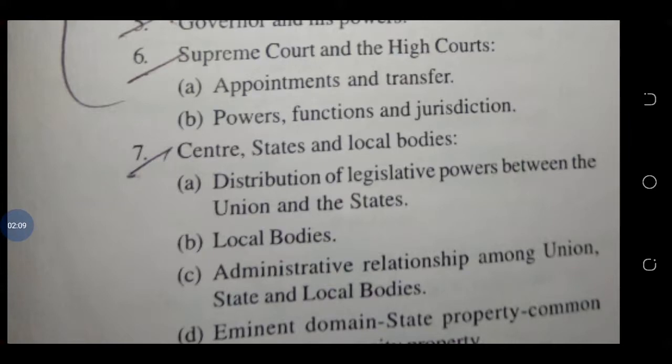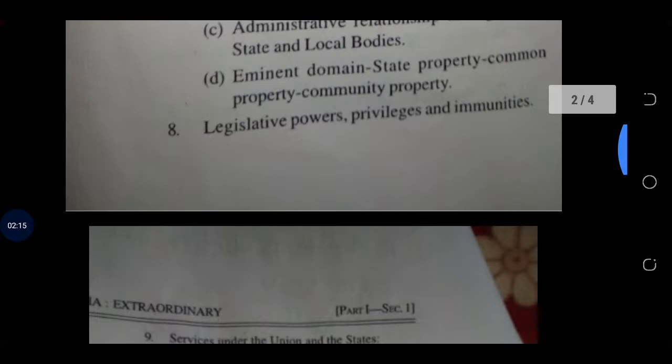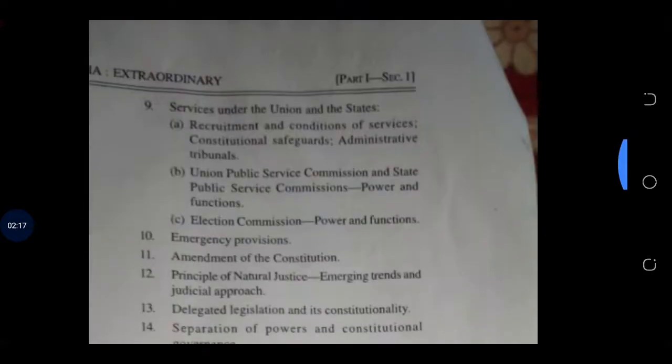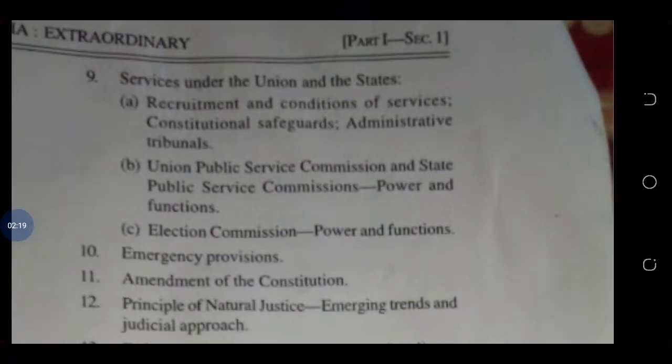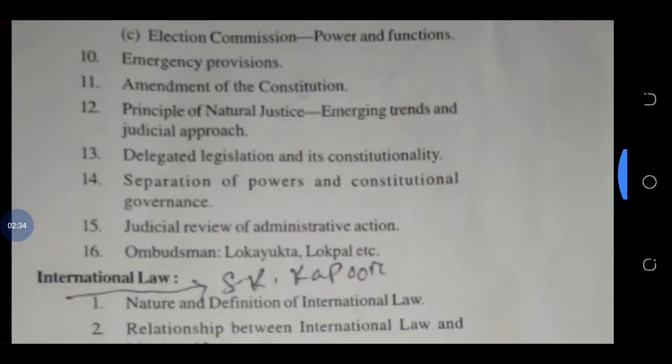Next, Centre and State and local bodies and their relations. Then legislative powers, privileges and immunities. Then services under the Union and the States, recruitment and conditions of service, constitutional safeguards, administrative tribunals, etc. Next, emergency provisions, amendment of the constitution, principles of natural justice.